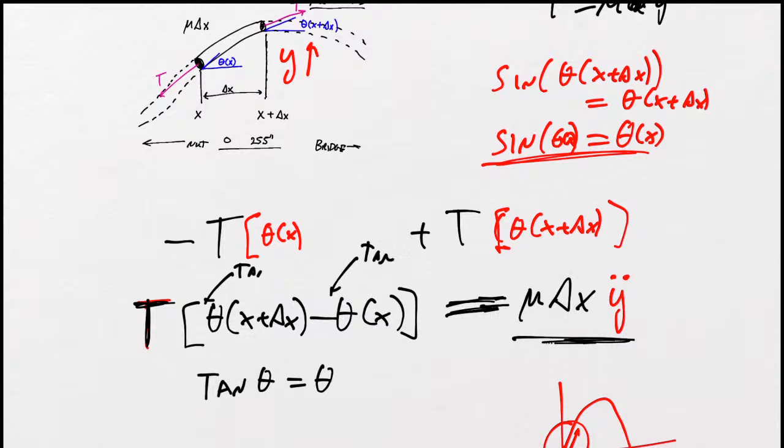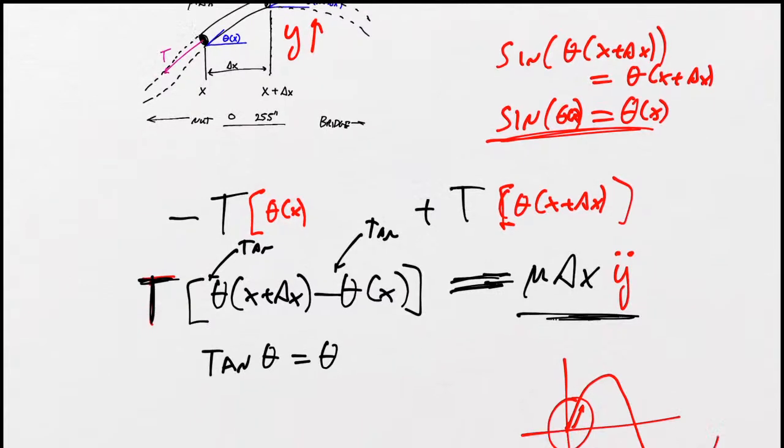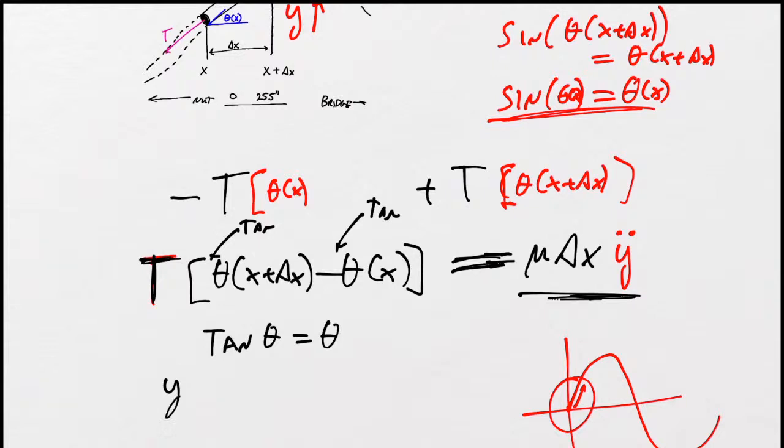But those tangents we know are actually equal to the derivative of the function that we're seeking, because we're seeking a function y, which is the height, as a function of x and a function of time. Remember, I tell you the time, I tell you the position, and you report back to me the displacement y. That's our goal, right?